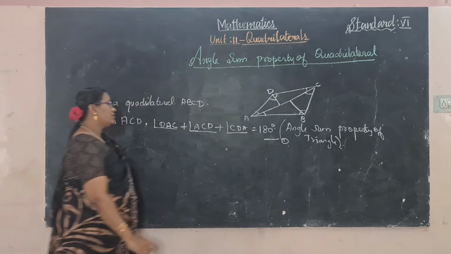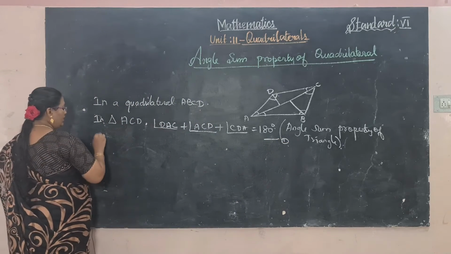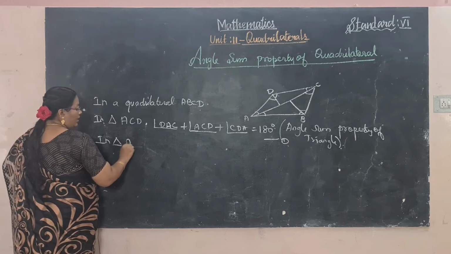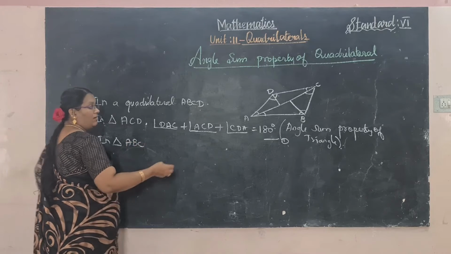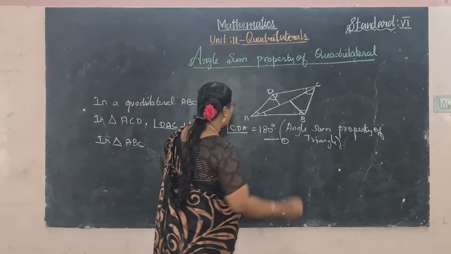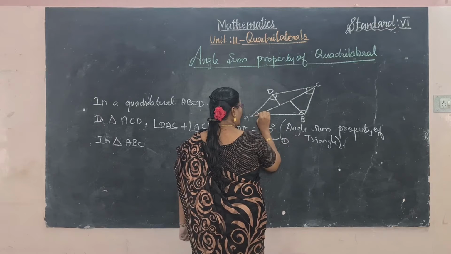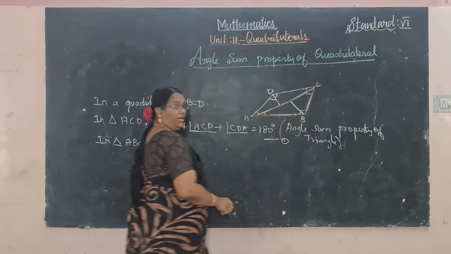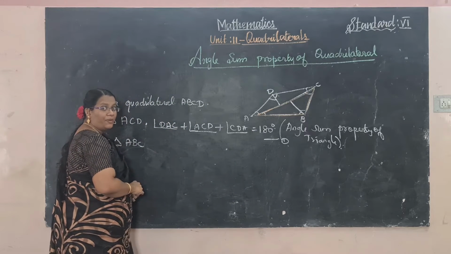Okay, and next in triangle ABC, we have considered this one. First we have considered this triangle. Now we have considered this triangle. Here also we have applied the angle sum property of triangle.